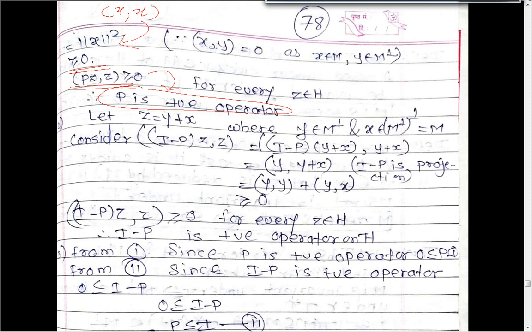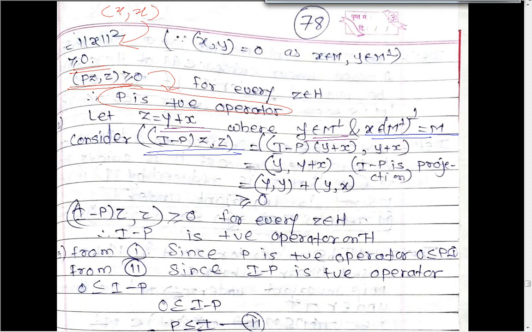Let us prove another result. Second property. If z is equal to y plus x, then again by taking y in M perpendicular and x in M, which we can write as M perpendicular perpendicular, we can write inner product of I minus P z and z.